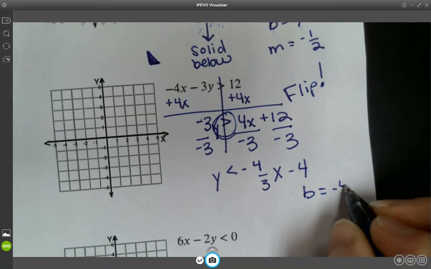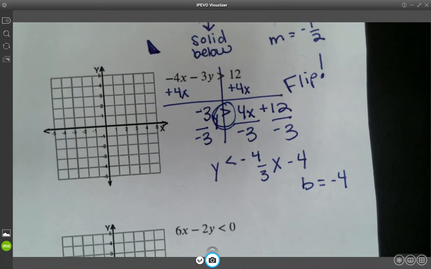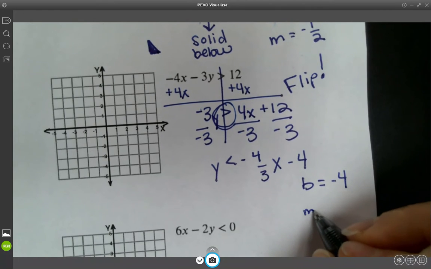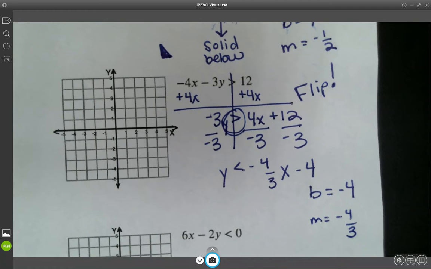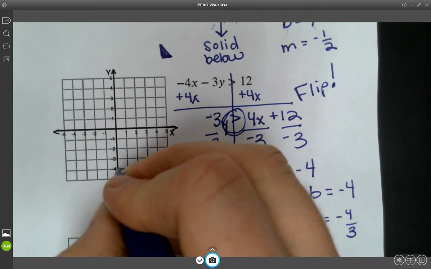All right, let's start with our graphing. mx plus b. So start with b, negative 4. And our m is negative 4 over 3. So we'll start with our y-intercept of negative 4. So go to your y-axis, plot negative 4.